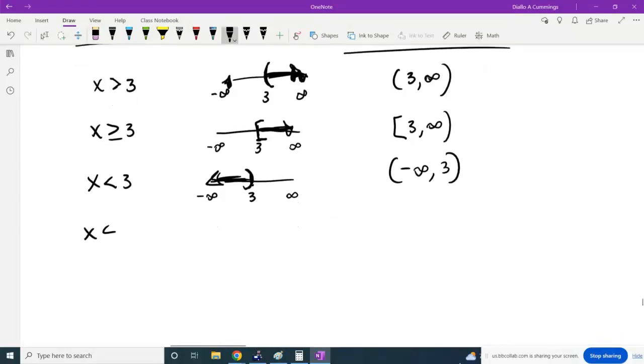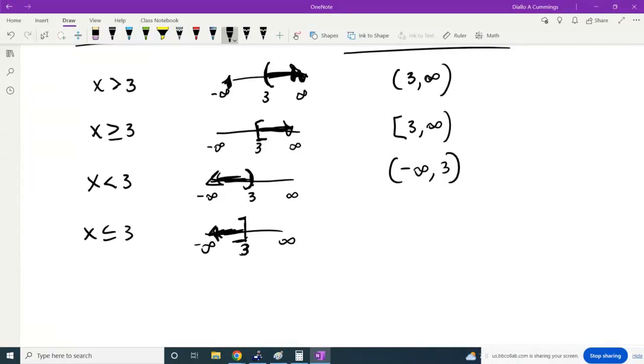All right, so let's take a look at x is less than or equal to 3. I'm just picking on 3 just to keep it all the same. So I make a rough sketch centered at 3. I want all numbers less than or equal to 3. So at 3, I want to use a bracket that faces the left. My line extends to the left.